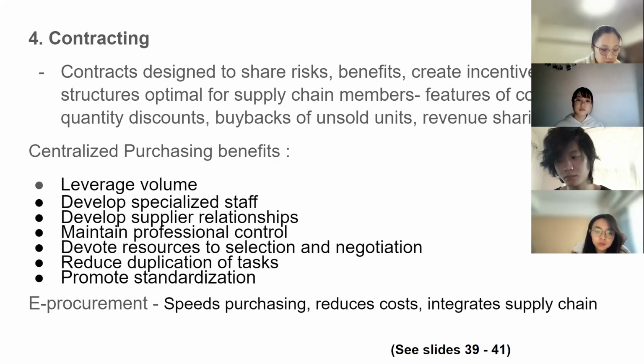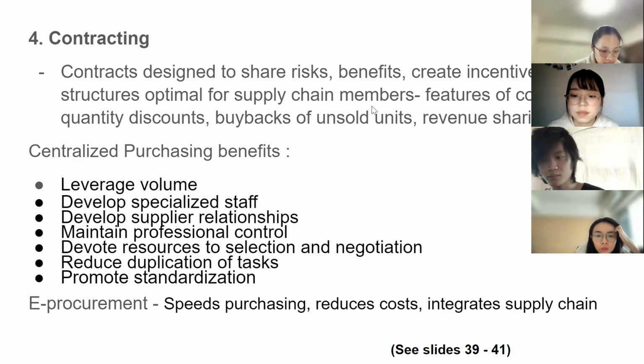Right. So this is negotiations, and then the last step in supplier selection is contracting. Once you have achieved your negotiation, you need to create contracts to share risks and benefits between the suppliers and the buyers, or everyone in the supply chain.